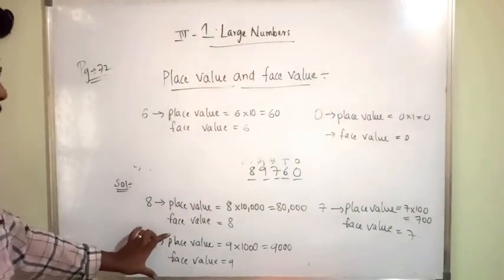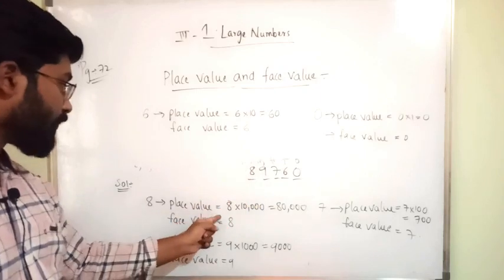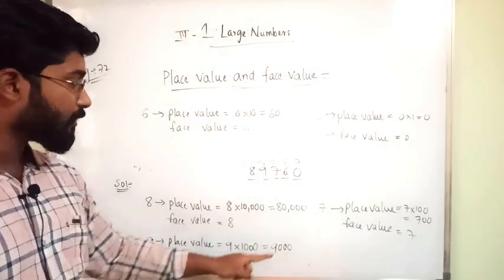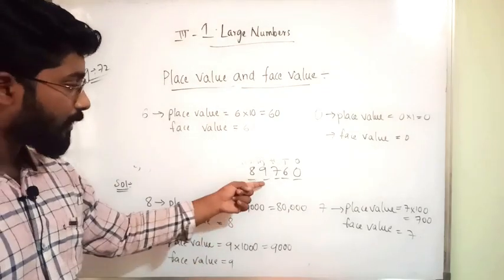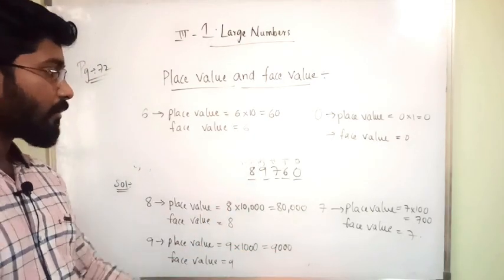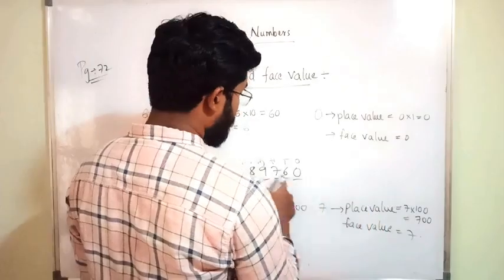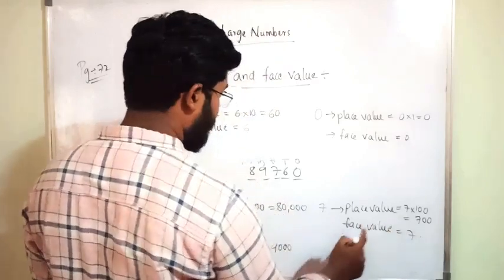So like that for every digit we have found place value and face value. Place value for 8 is 8 into 10,000, 80,000. Face value is 8. For 9, 9 is in thousands place, 9 into 1000, 9,000. Face value is 9. For 7, in hundreds place, 7 into 100, 700. Face value is 7 only.